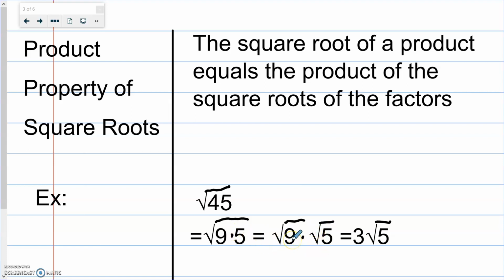Now the square root of 9 is a nice whole number; the square root of 9 is 3. We write that. The square root of 5 is still not a nice clean number, so we just keep it in the symbol of the square root of 5. So the square root of 45 ends up being 3 square root of 5. The way we say this is 3 root 5.